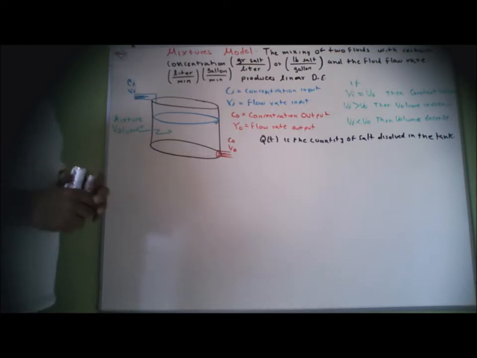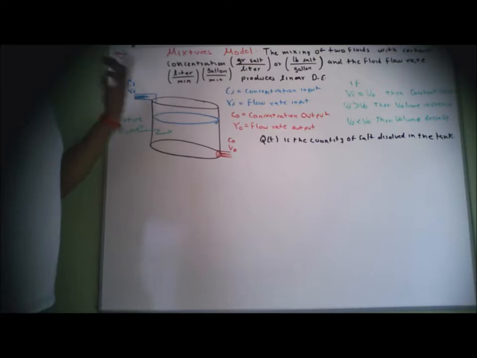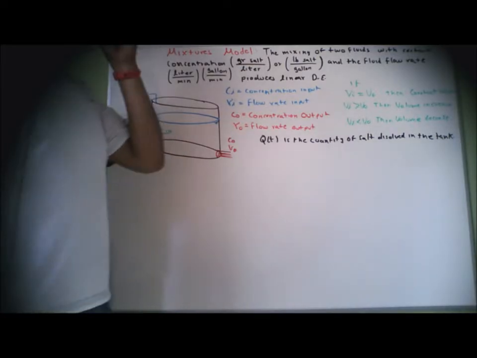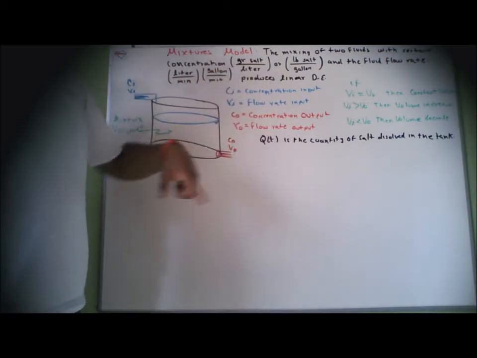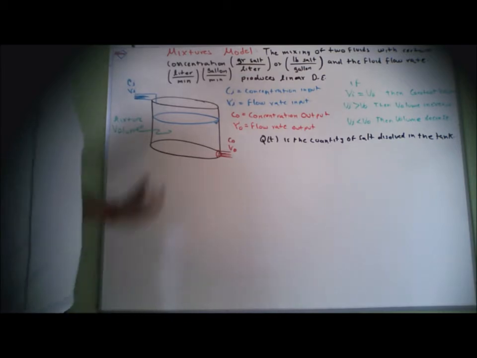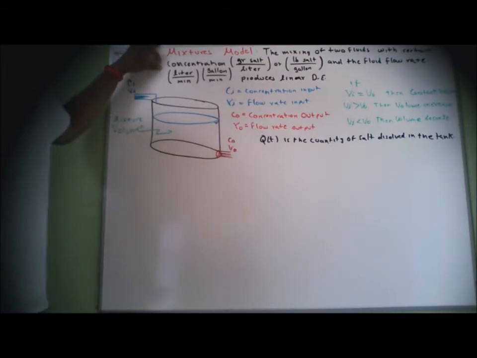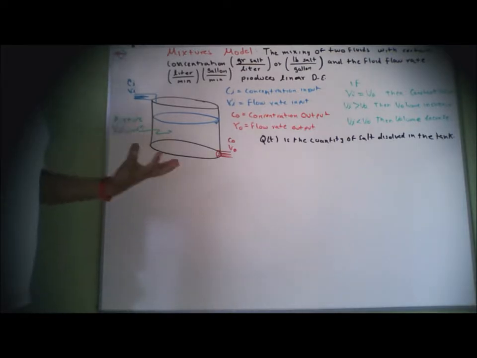Now, this is in the metric system, but you can also define that in the English units, and it will be how many pounds of salt or sugar or whatever is dissolved per gallon. So that is the definition of concentration: how much of the material is dissolved per liter or per gallon. Another thing we are going to define here is the fluid flow rate, the speed of the fluid coming in or out.